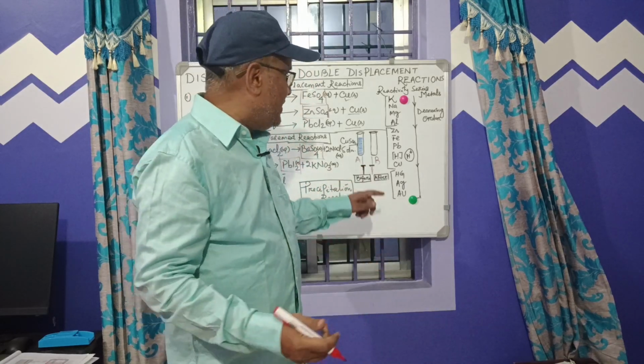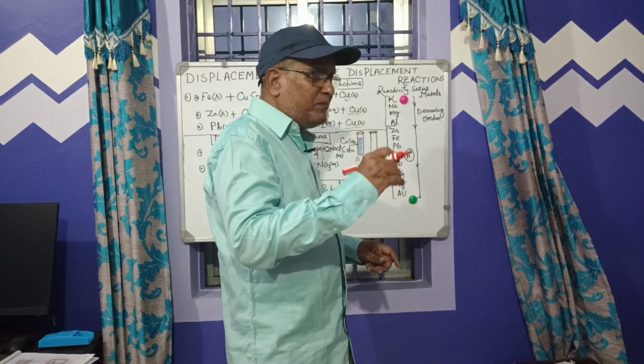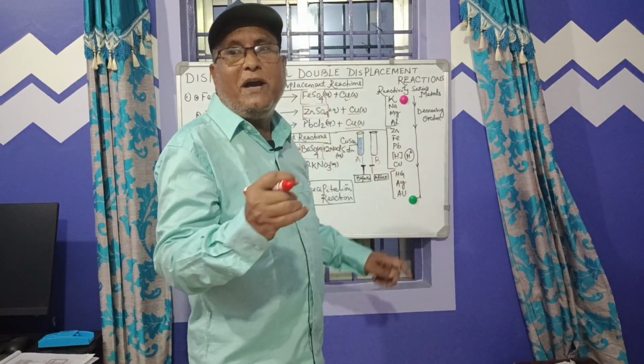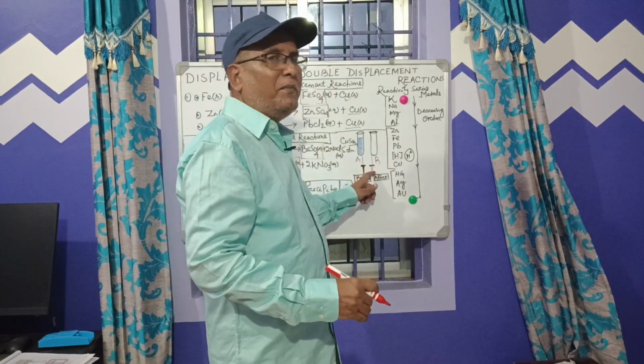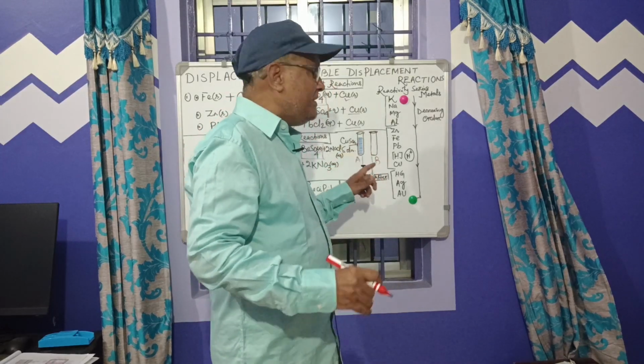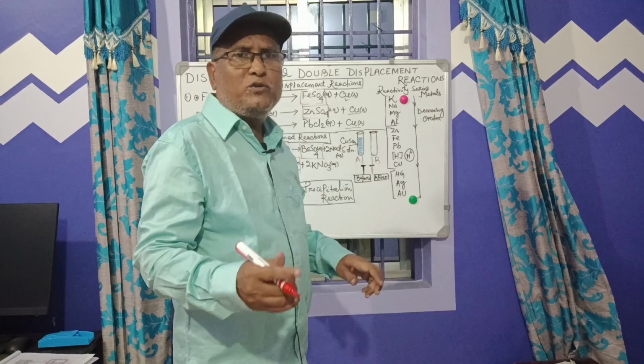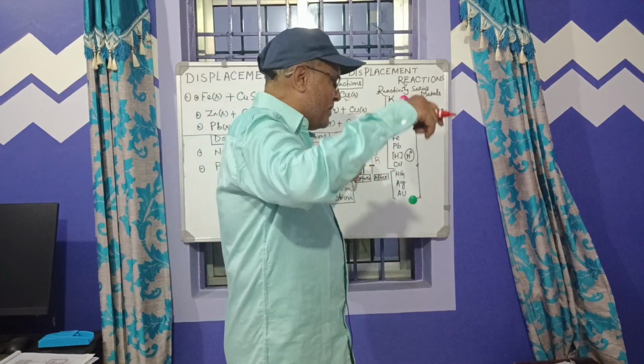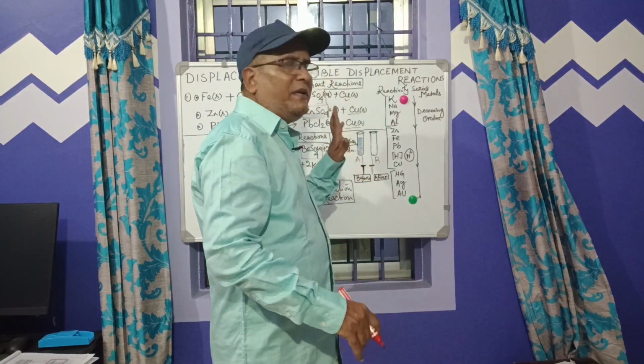Why? Because the metal copper forms a coating around the iron nail, so it looks brown. But there has been no change of color in test tube A because we have not inserted the iron nail into it.